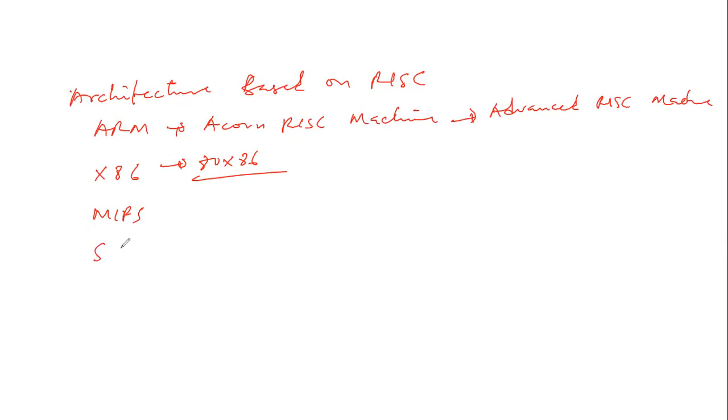Then we also have SPARC, that's scalable processor architecture. We also have PowerPC, performance optimized with enhanced RISC, and so on. There are quite a number of examples of the computer architecture based on RISC.